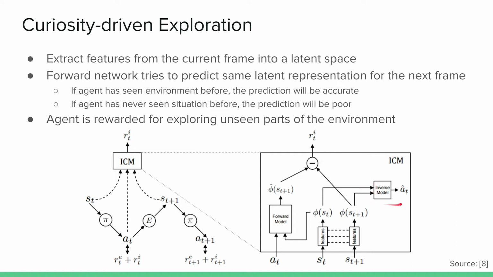So what you can see here is that given the latent space representation of the state S_t and the latent space representation of the state S_t+1, the inverse model learns to say, okay, so we were in that state, now we're in this state. What was the action that we took to get from that state to the next state?